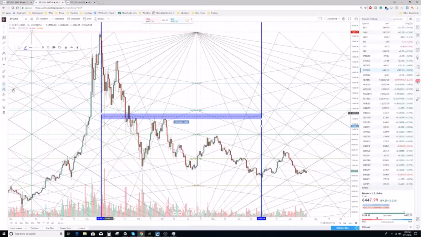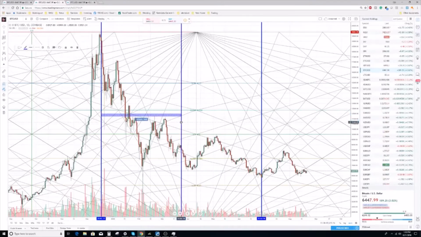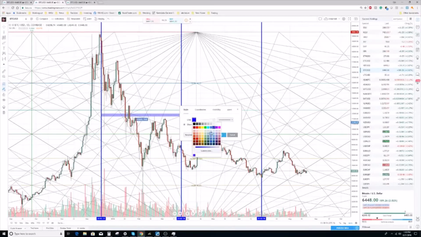Further, we will divide this by every 24 days. So halfway in between 192 is 96. And then I color these lines. The middle line light blue, and I don't make them as thick.